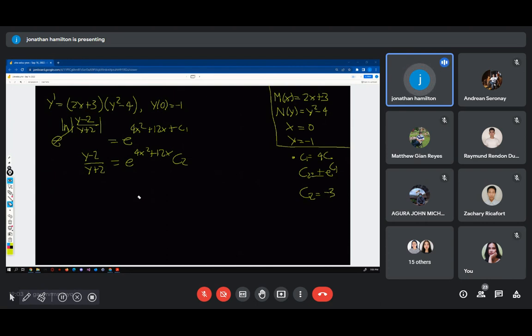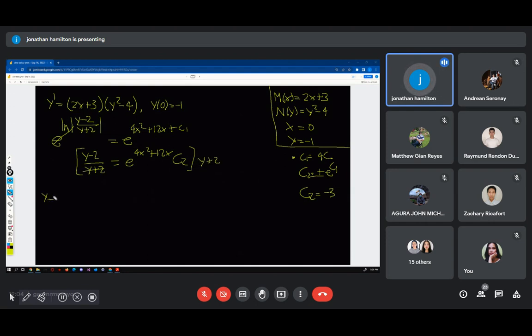So, medyo taas din siya. So, I'll do this step by step. So y minus 2 over y plus 2 is equal to e raised to 4x squared plus 12x times c2. So to try and simplify this, we could multiply both sides by y plus 2 para ma-cancel out nato ni.